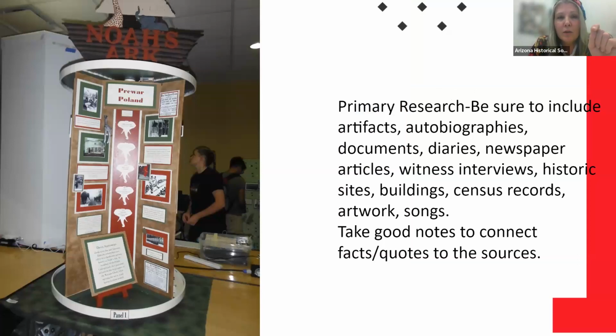Take good notes and remember your primary sources need to connect to your theme. It's really easy to get overwhelmed by all of the information that you found, and there's some cool information, but if it doesn't fit in what you're really truly trying to tell in your story, it was just an interesting thing and it might not make it onto your exhibit.